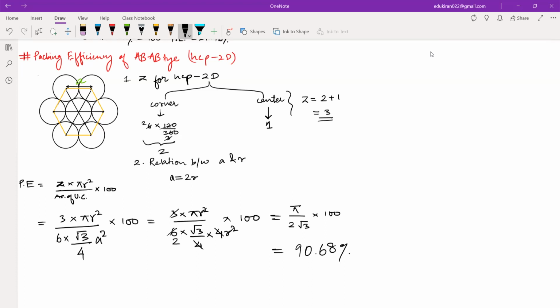Okay. Packing fraction you can write 0.9, and void percentage you can write. What will be the void percentage? 9.32 percent. Write this down. Let me know if you're done.